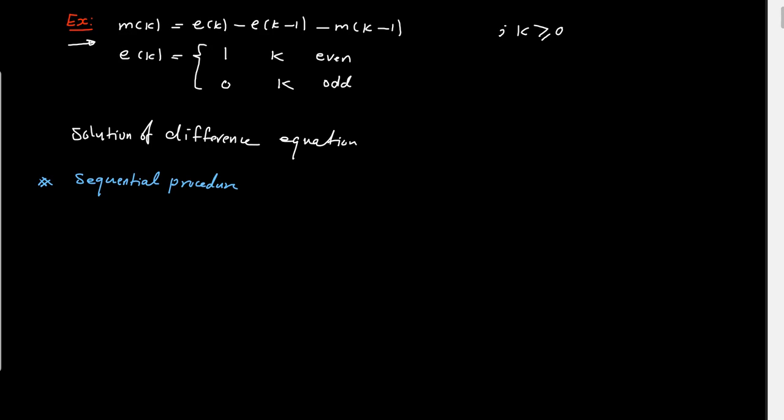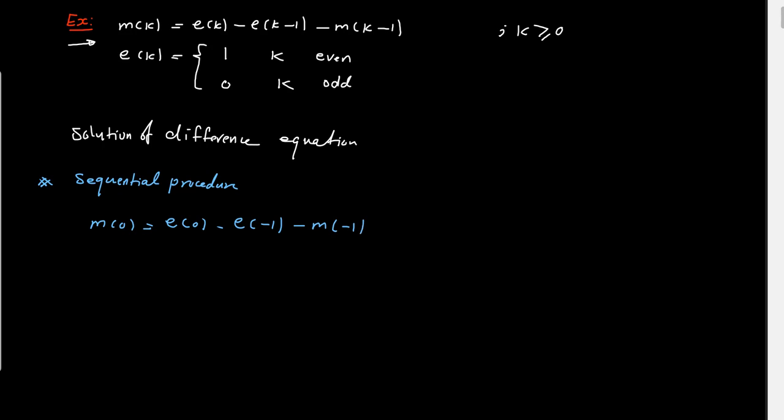So simply we'll start with k equal to 0 and say that m of 0 will equal e of 0 minus e of minus 1 minus m of minus 1.